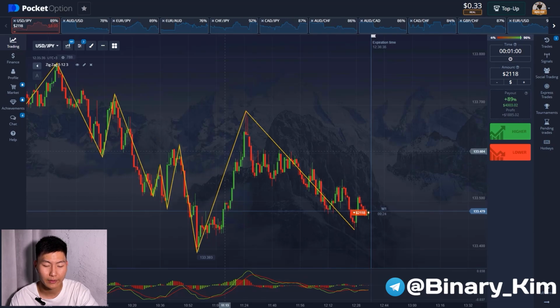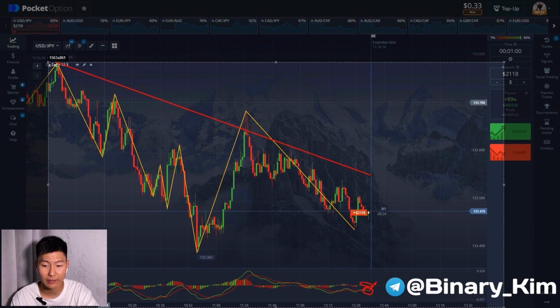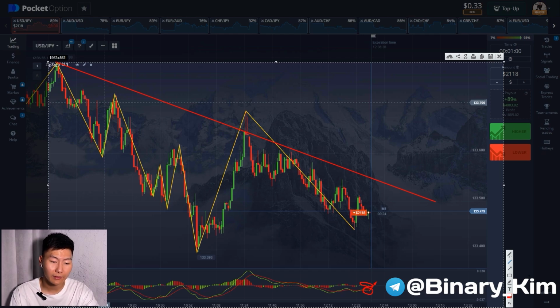Let me show you once again. Just have a look at this intersection. The red line goes up and crosses the green one. At the same time, we see the red histogram, which means the bears are in control. And again, look at this beautiful downtrend, and basically it should continue. By the way, we see another signal here, the support zone.